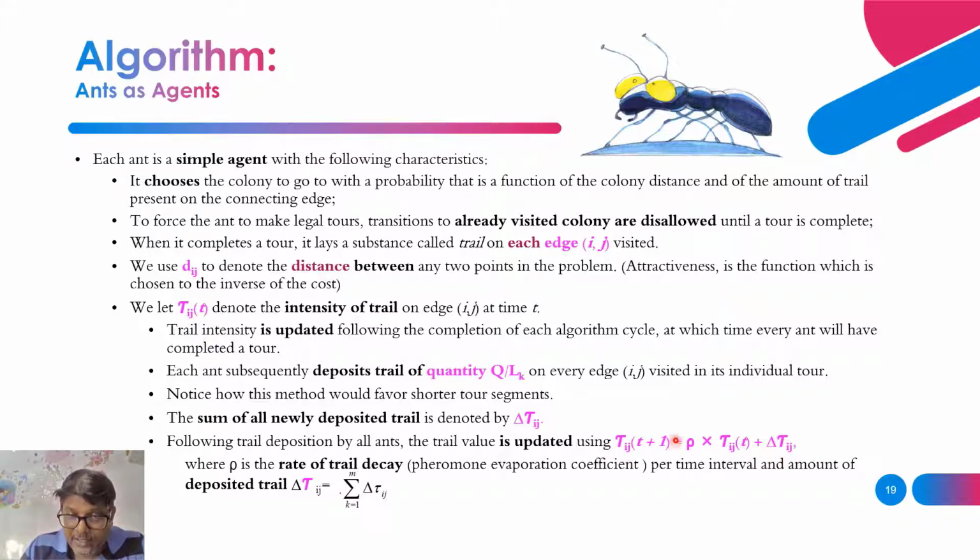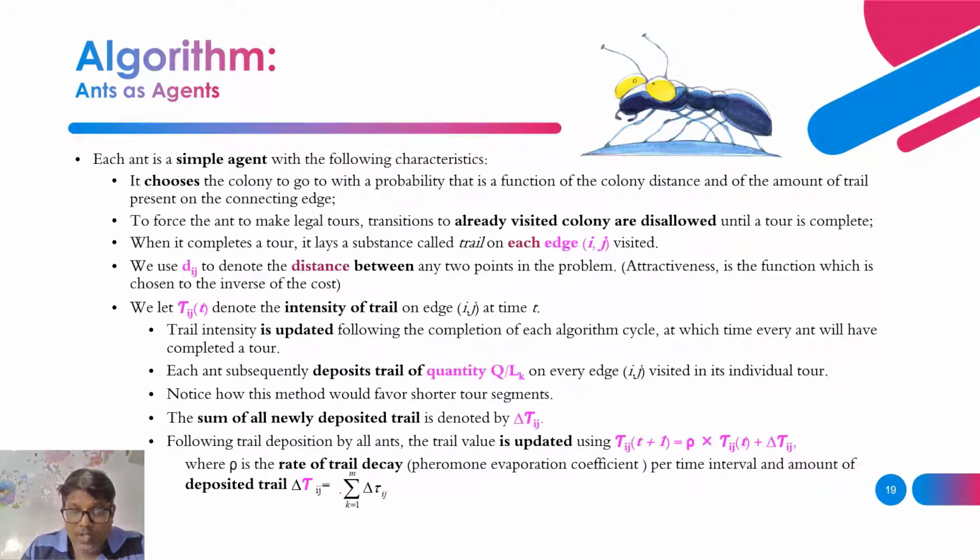The updated intensity is equal to rho into the old intensity plus the newly deposited intensity. The rho is nothing but the rate of trial decay, otherwise called the pheromone evaporation coefficient per time interval.